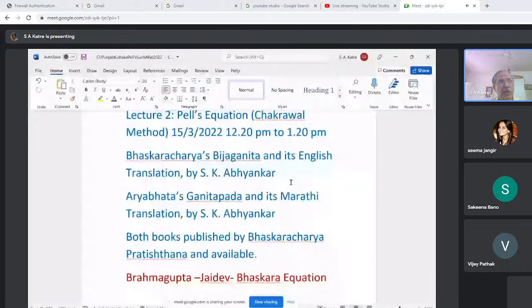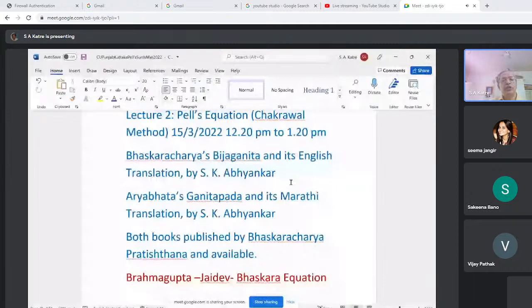Many times in many books, the problems are also solved using these translations. Also on the internet, if you go to Wikipedia, you will get some information about the various problems that have been discussed. If you try Pell's equation, you will also get information about the work of Bhaskaracharya there.